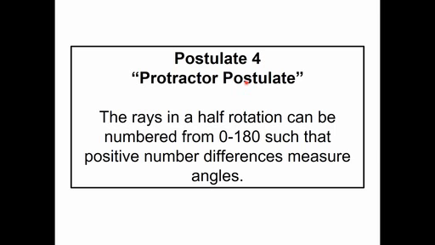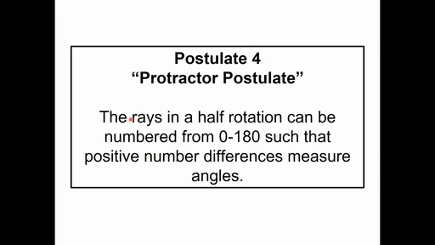So here we finally get now to our postulate and our theorem and our definition. This you memorize. Similar to the ruler postulate, the rays in a half rotation can be numbered from 0 to 180 such that positive number differences measure angles. There's some difference, right?